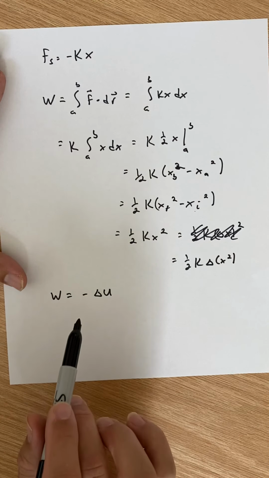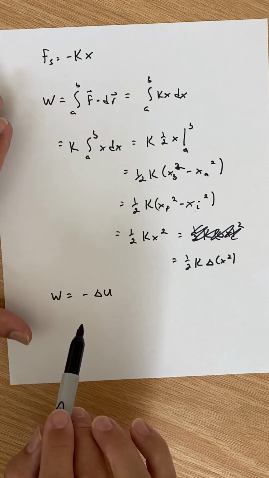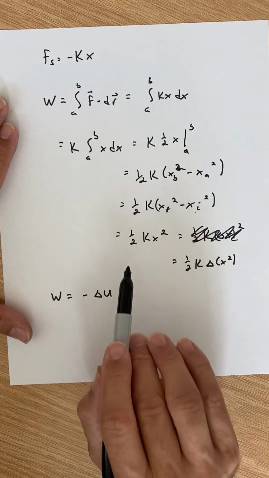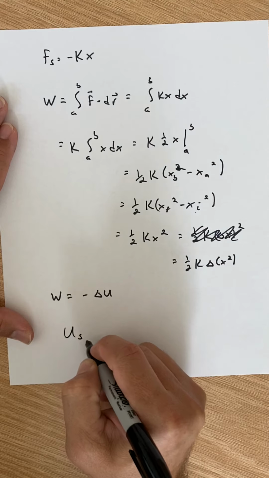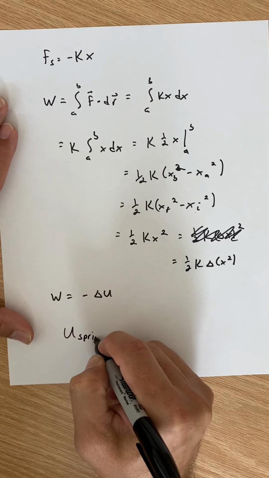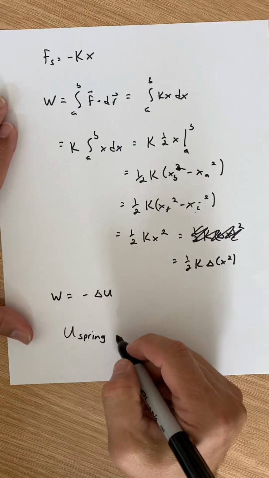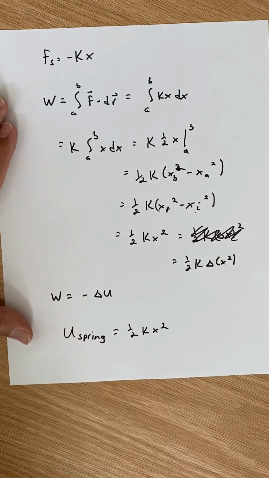We're going to talk about this negative sign and what it means at the end of this video, so just hang on to that. But for now, what we are normally going to do is say that the potential energy stored in a spring, U spring, or sometimes subscripted with an E for elastic, but I don't like that, U spring usually is written like this, 1/2 k x squared.